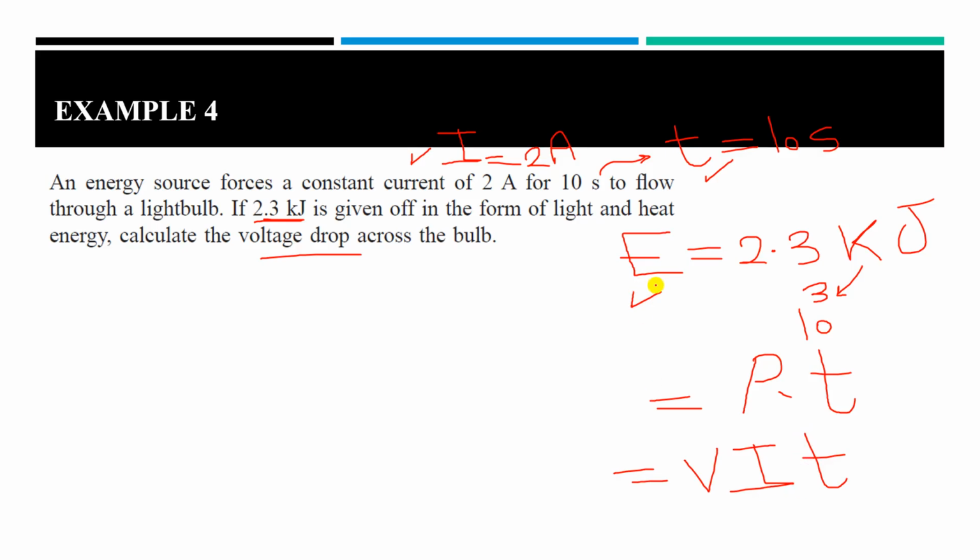So we have energy 2.3 kilojoules, the voltage is the one we need, we have current 2 amperes, and we have time 10 seconds. So from here you can get the amount of voltage.